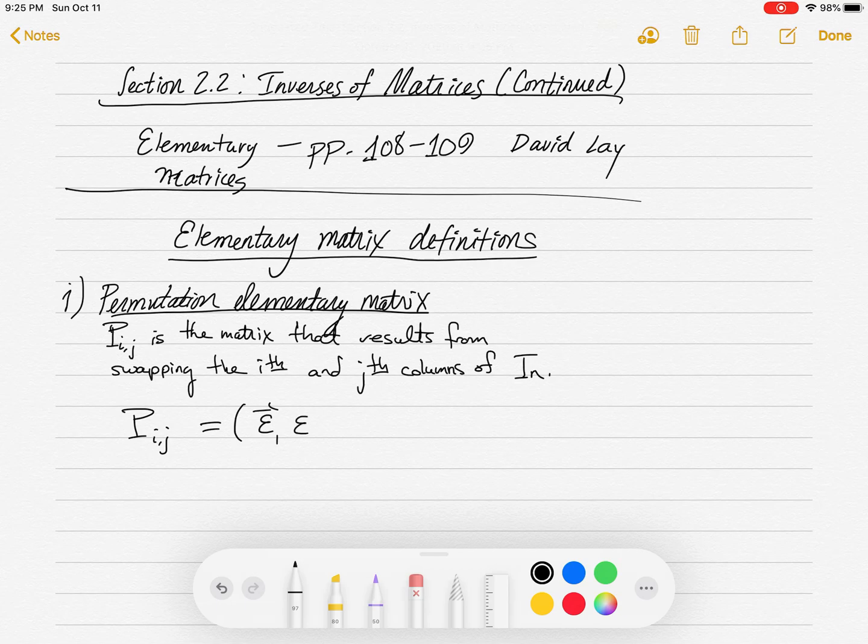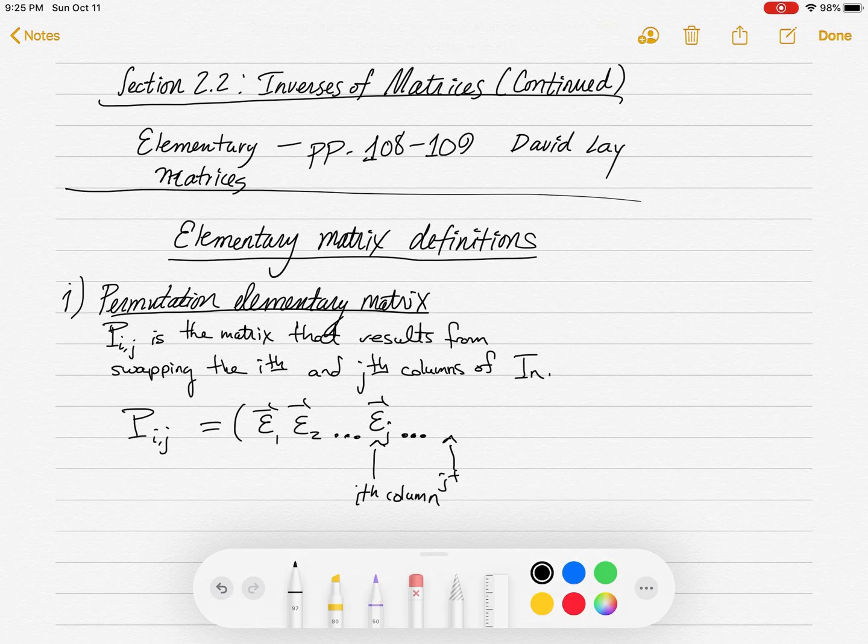Now if you want to give that a nice notation, in column form, you would start off with epsilon 1, the first column of the identity, epsilon 2, and you keep going until you get to the ith column. What happens in the ith column?